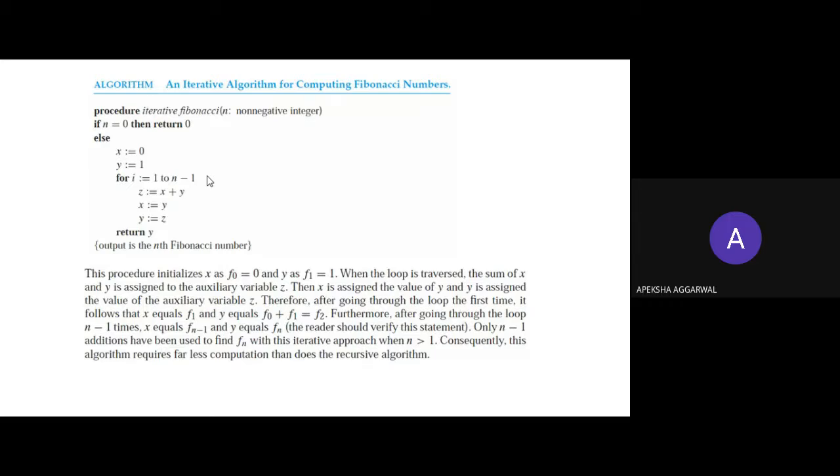It takes so much space. Plus, there is computation overhead, because you are calling that function again and again. But in an iterative algorithm, there is no computation overhead. You are just changing the values in the variables, right? In a recursive algorithm, you are calling that function, so there is so much overhead for saving the previous memory. You are saving the previous function, calling another function, executing it, then going back over there. So too much computation overhead.